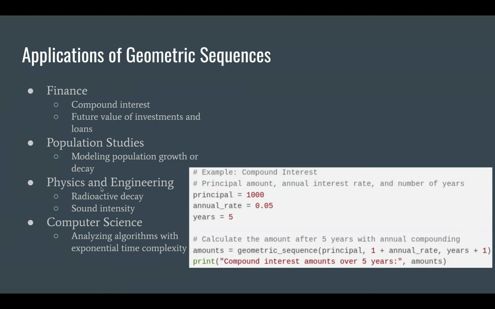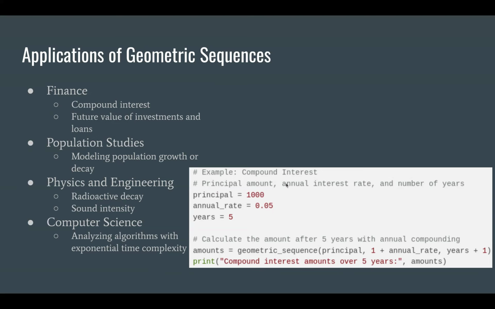In physics and engineering, geometric sequences are used to model processes that involve exponential growth or decay, such as radioactive decay and sound intensity. And in computer science, geometric sequences can be used to analyze algorithms that have exponential time complexity.